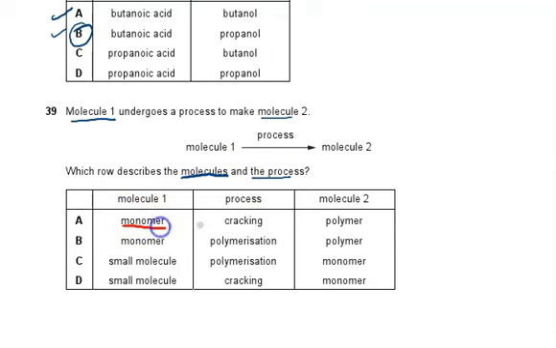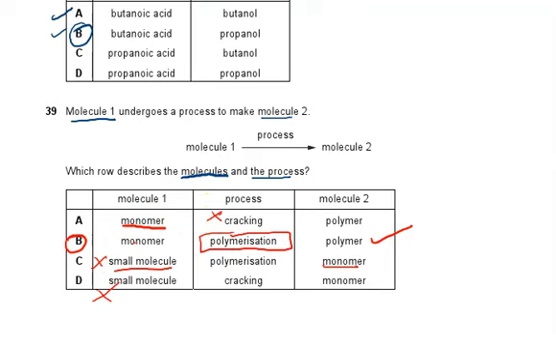There is a monomer. If monomer, it must form polymer, and it is polymerization. So cracking is wrong. B will be considered. Small molecule cracking to form monomer, does it make sense? So the answer is A. Monomer will form polymer with the process of polymerization. So this is for question number 39.